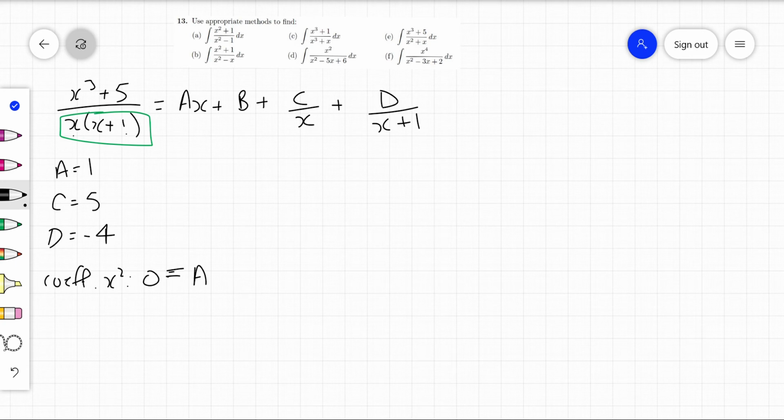And you'll also get b, because you're going to have b times x there, but you can't get any of the others. So it's just going to be A plus B, and we know A is 1, so B would have to be -1. All right. So again, if you struggle to get the coefficient, then you want to write it out.